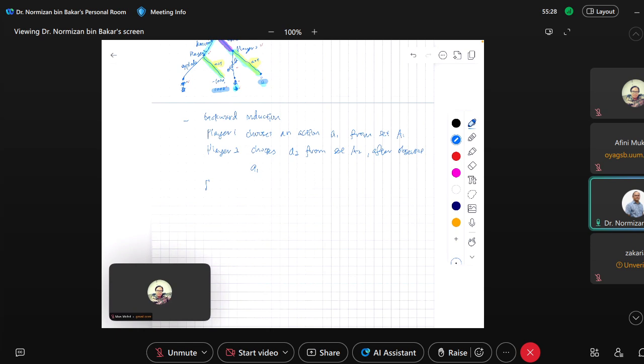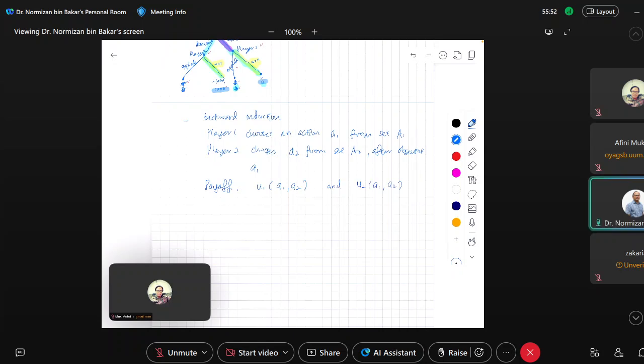Right? So this is the payoff for player 1. Meanwhile, for player 2, the payoff is U2(A1, A2). So the payoff for player 2 is also a function of A1 and A2.